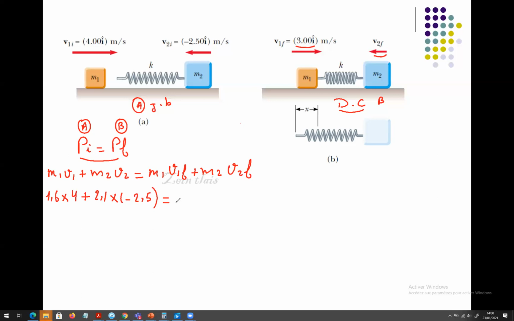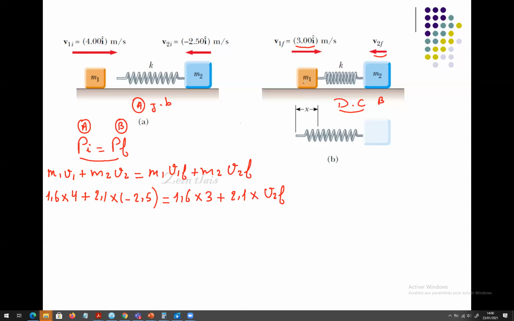M1 equals 1.6, and I take V1 final equals 3 in this case during the collision. M2 equals 2.1 times V2 final, which I need to calculate with this configuration.